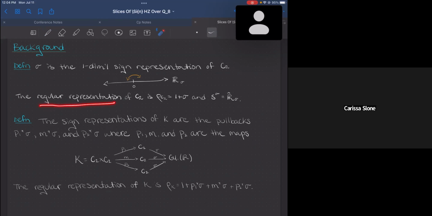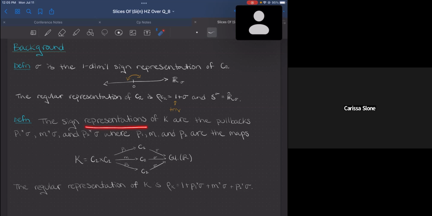The regular representation of C2 is then rho_C2, which is 1 plus sigma, where 1 is the trivial representation of C2. And then S^sigma is the one-point compactification of R^sigma. We're talking about a variety of groups today, so C2, and then we're also going to be talking about Klein 4. So we also want to know about the representations of Klein 4.